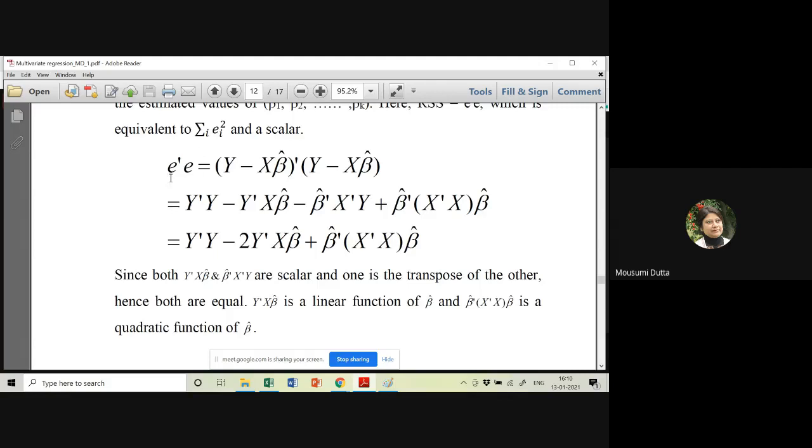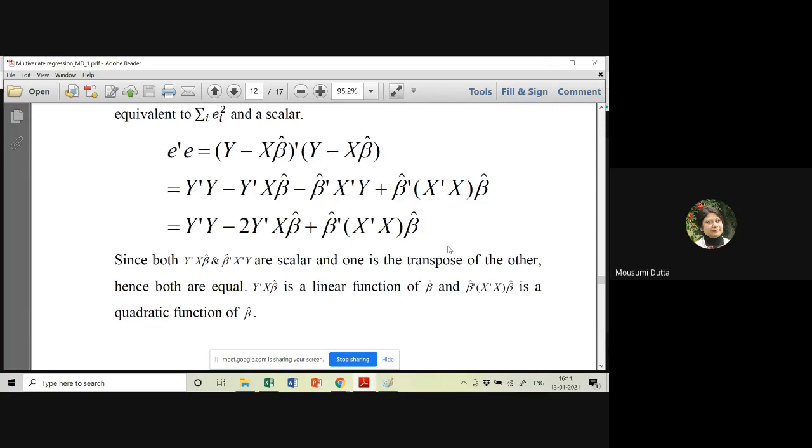While taking the derivatives, please remember that beta hat appears in two terms only. The first term will never appear because it does not contain any beta hat. Our work will be concentrated on the second and third terms. The second term is a linear function of beta hat, while the third term is a quadratic function of beta hat.